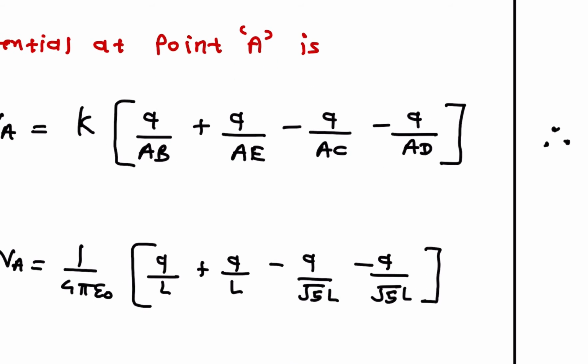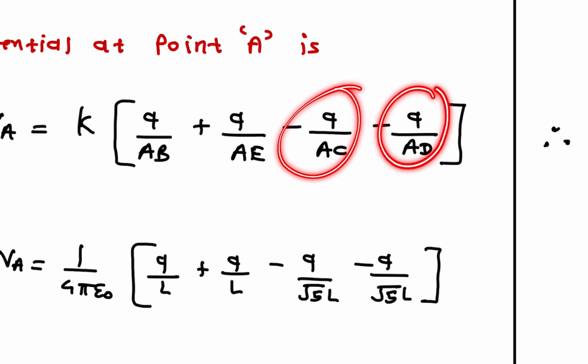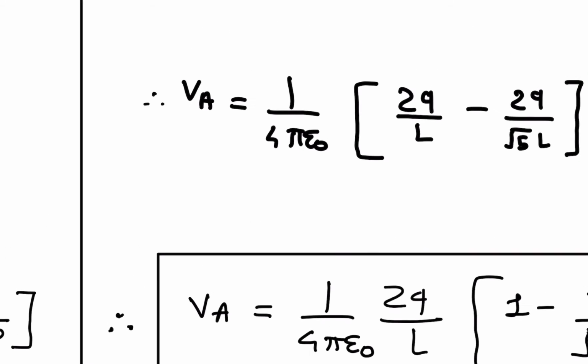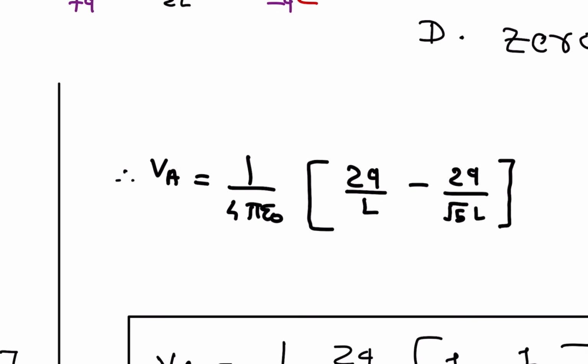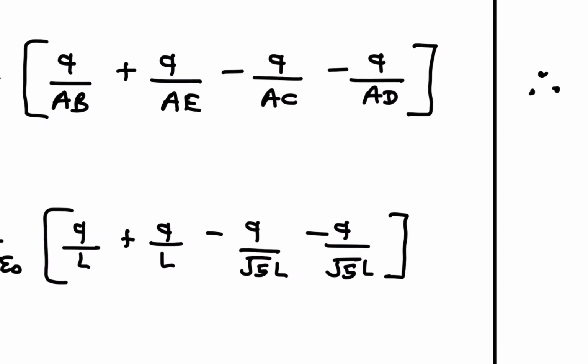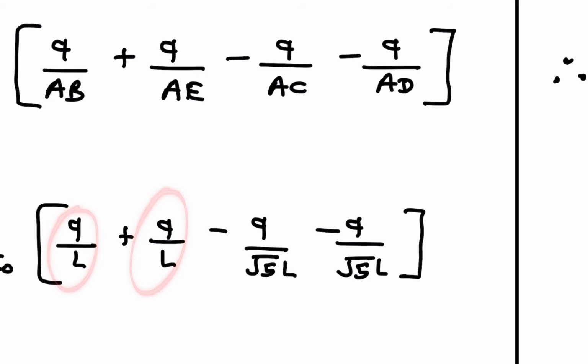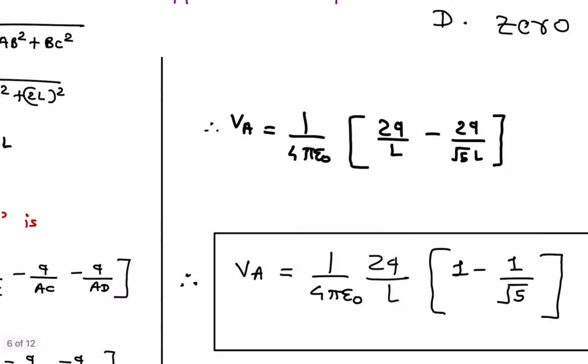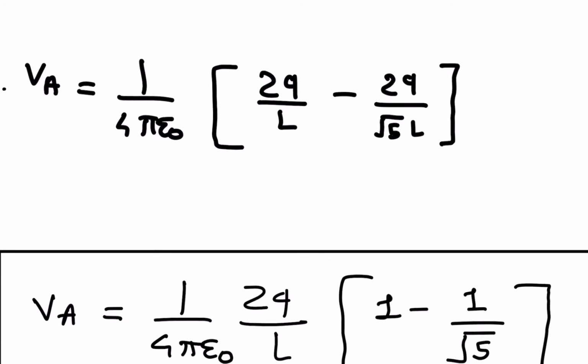So due to these two negative charges placed at D and C, that is minus Q divided by root 5L, minus Q divided by root 5L, taking K as common, K is nothing but 1 upon 4 pi epsilon naught. So potential at point A, VA is equal to 1 upon 4 pi epsilon naught. After simplifying, Q by L plus Q by L is 2 times Q by L, and minus Q divided by root 5L minus Q divided by root 5L becomes minus 2 times Q by root 5L.